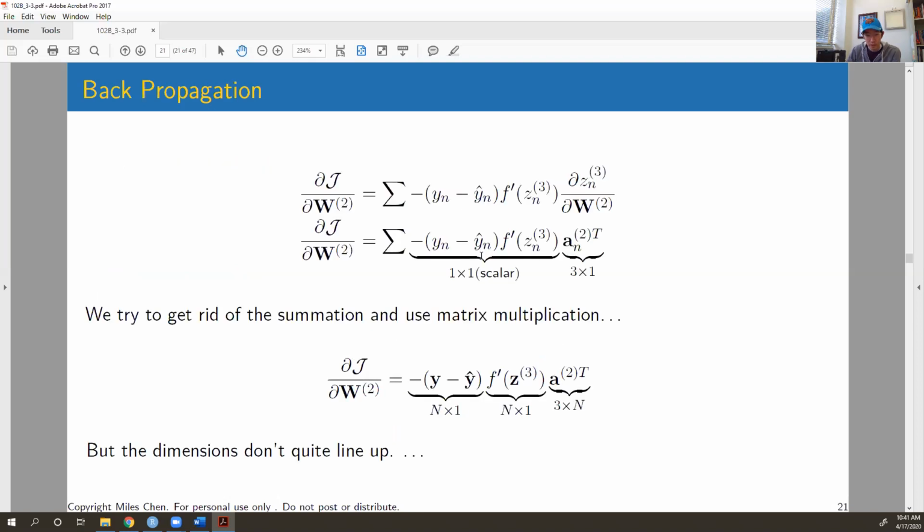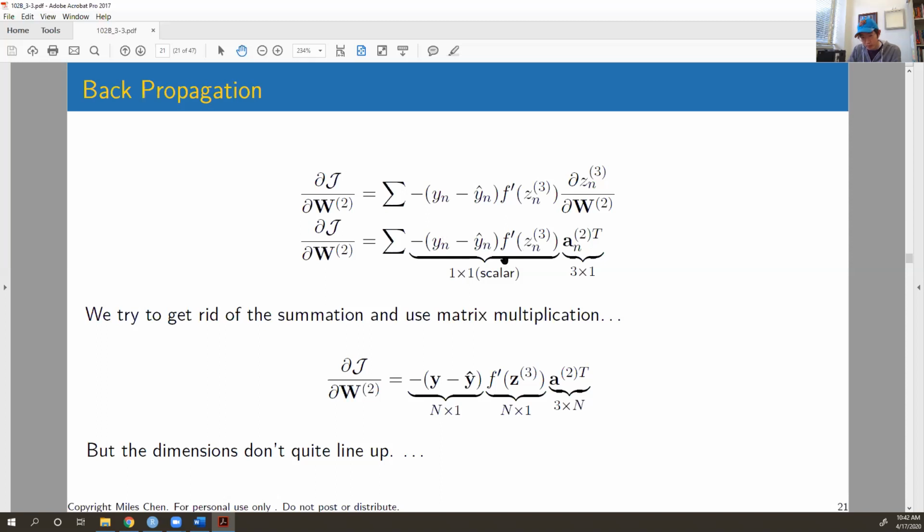So let's plug this in. If we're still dealing with just one value at a time, it's going to be the sum of y sub n minus y hat sub n times f prime of z n. These are all just 1 by 1 scalar values. F prime of a scalar value is a scalar value.